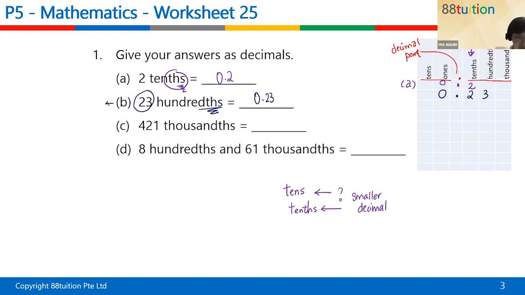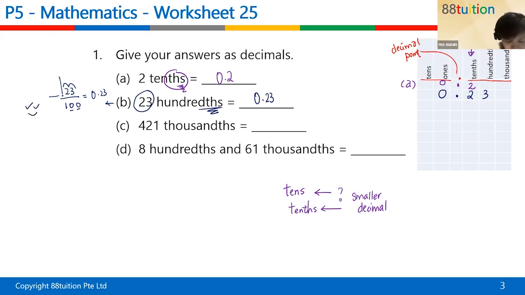Now, some of the students say, I have another way of doing it. Yes, you can have many various ways of doing this as long as the answers are correct. Some say 2300. I put it as 23 over 100 as a fraction, and then I shift the decimal. I know there are 2 decimal places, so I shift here, and this is 0.23. Good, this is another way of doing it.